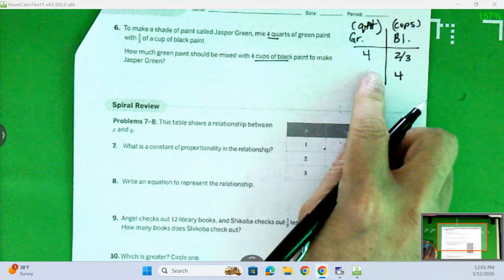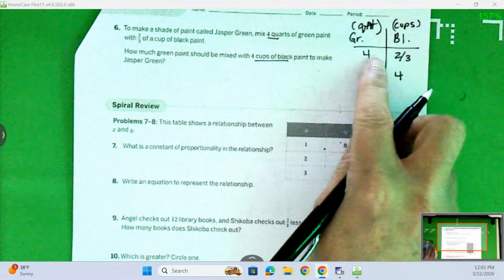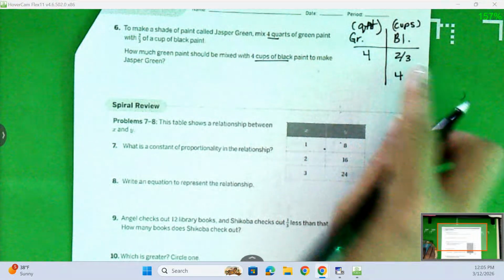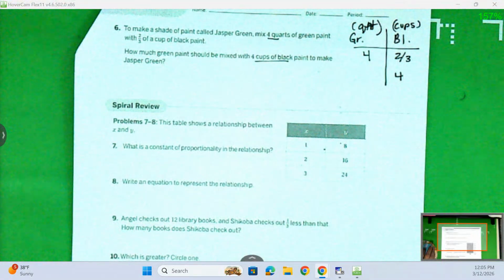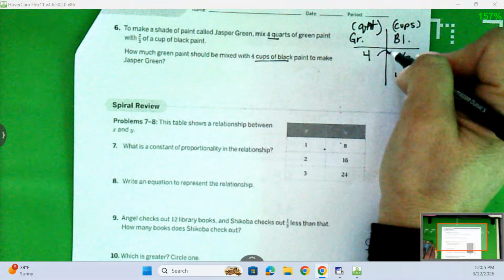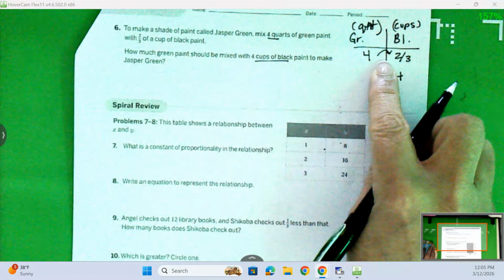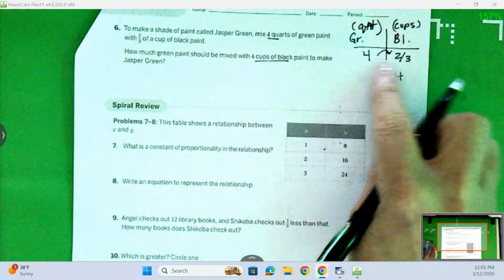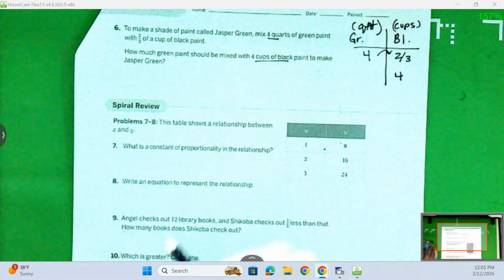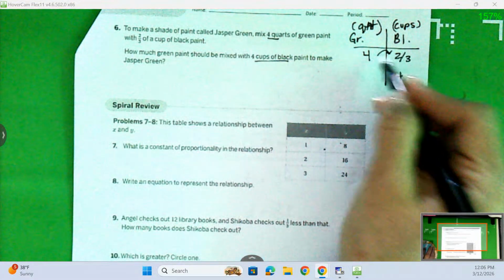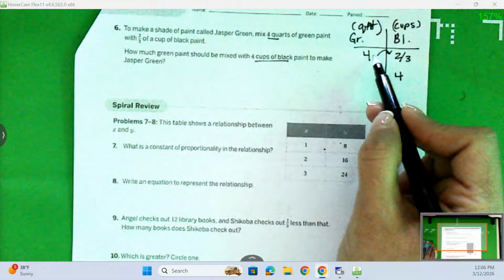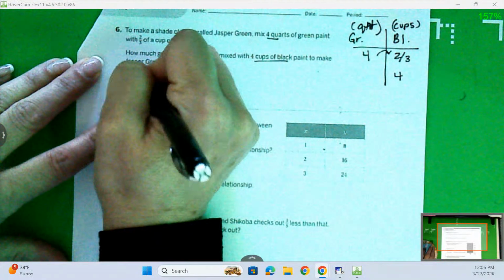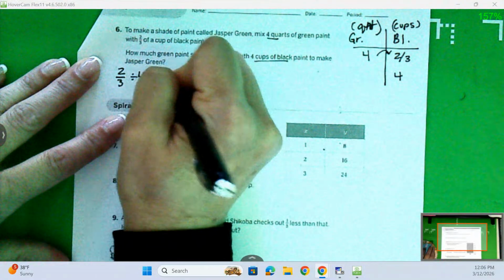Well, we obviously need a lot more green because even in this ratio, we can see that there's definitely more green than black in this shade. So we have to figure out our constant of proportionality. To do that, I'm going to do y divided by x to get what I need to multiply here. Or I could just go that way, but I'm going to go this way. 2/3 divided by 4 is 1/6.